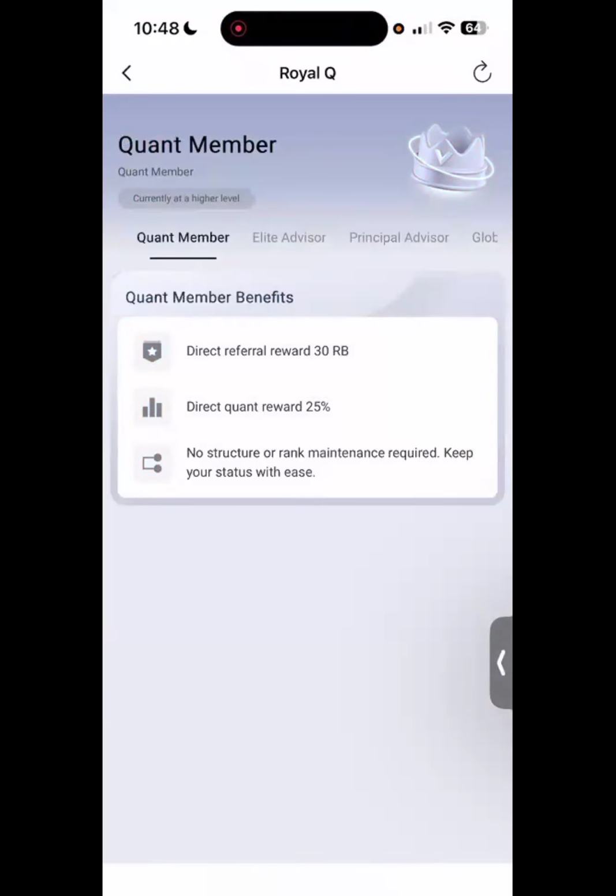If you're on the first level, you're a Quant member. Once you refer someone with your link, you earn 30 reward bonus if they activate. Once they are trading and making profit, you also earn 25% of their team reward ratio. Over here, no structure or rank maintenance is required. Keep your status with ease.